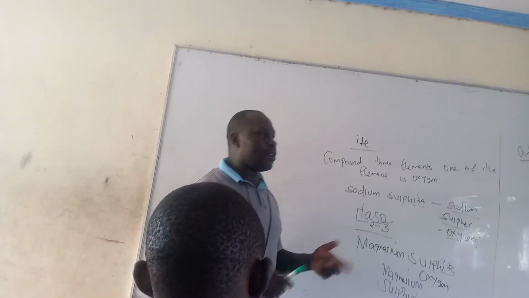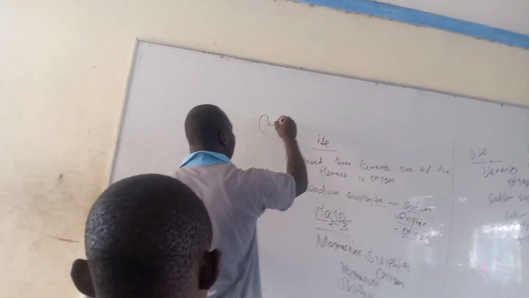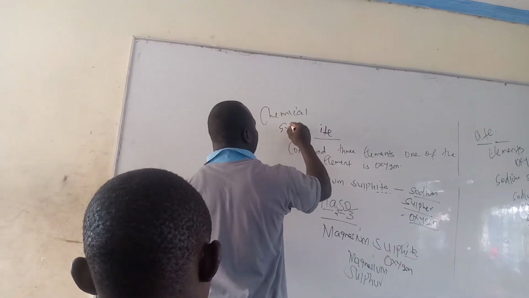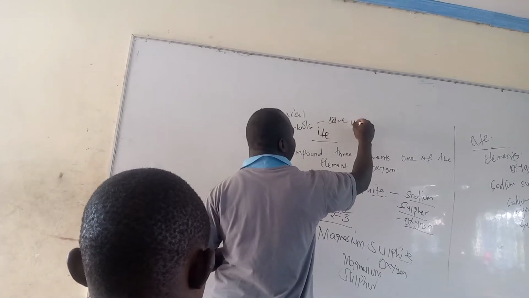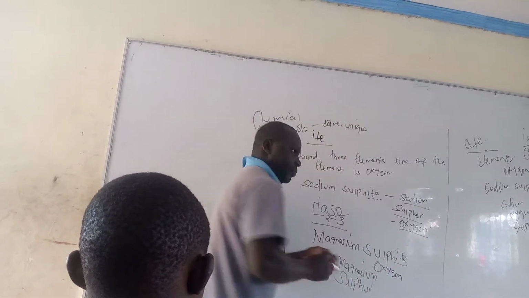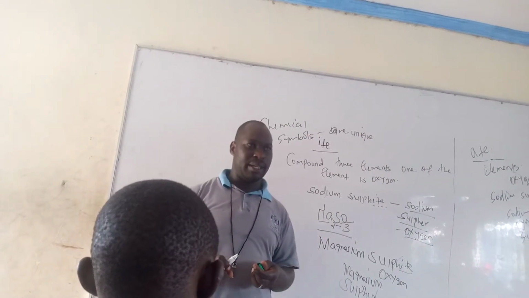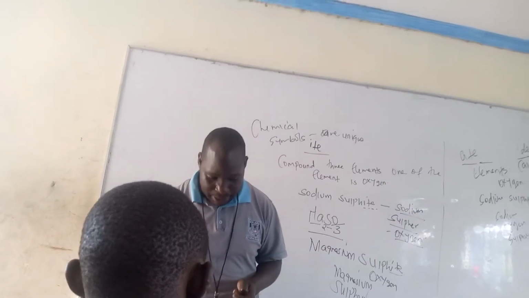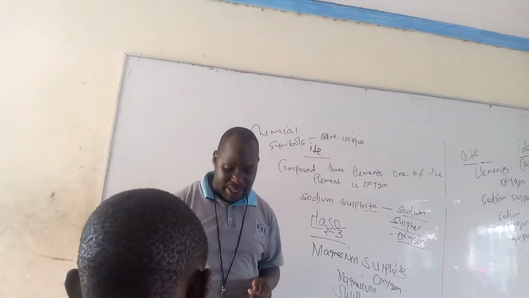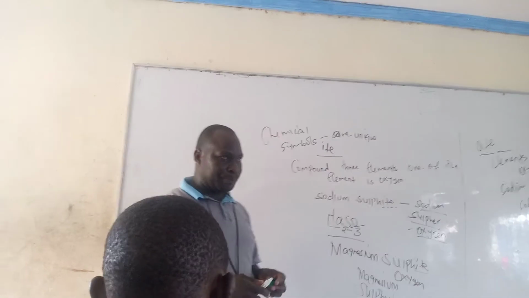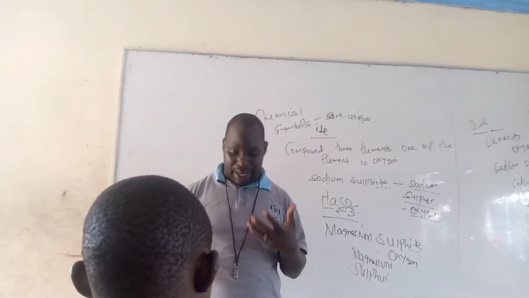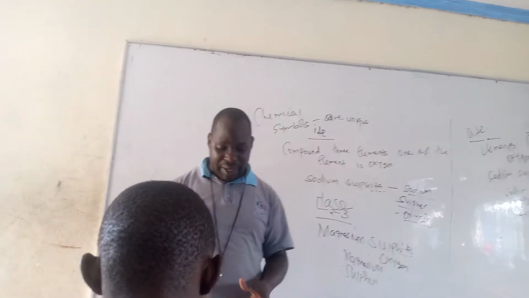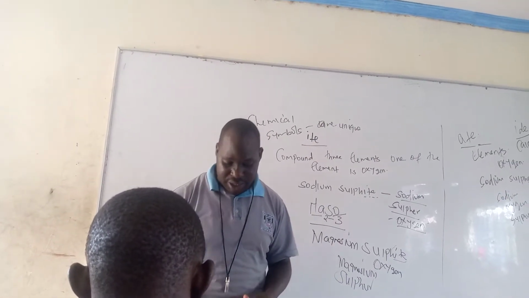So we say chemical symbols are very much unique for every element, and they are usually represented by a letter. But we have certain rules that we normally follow when writing a chemical symbol.